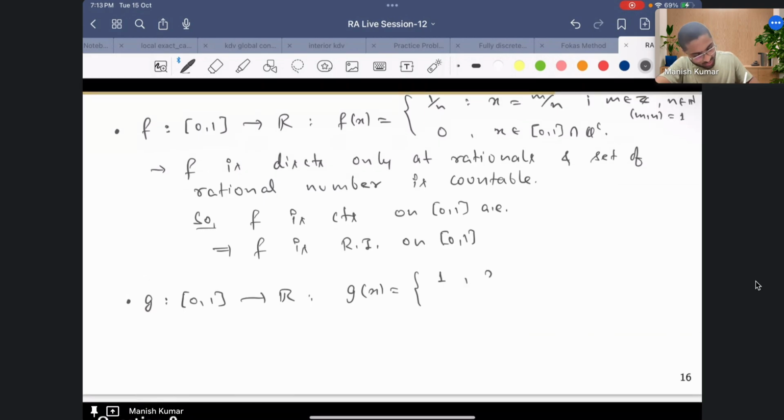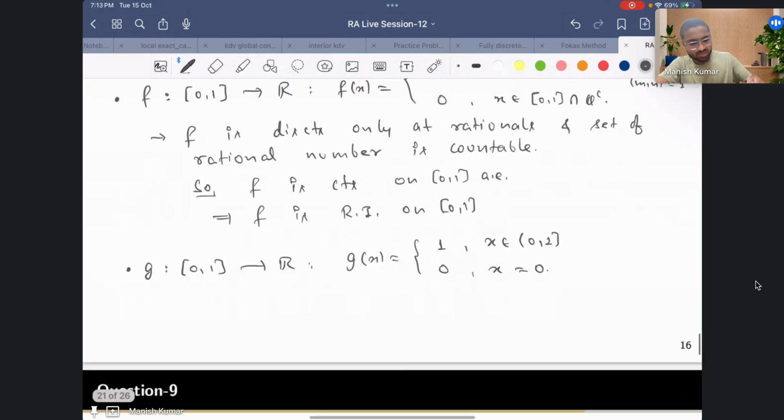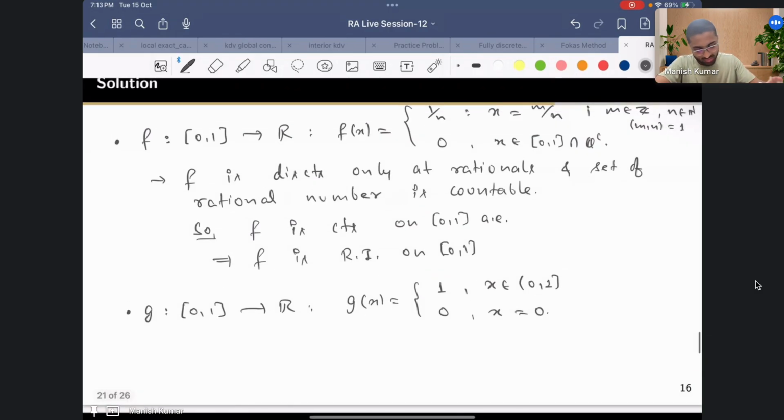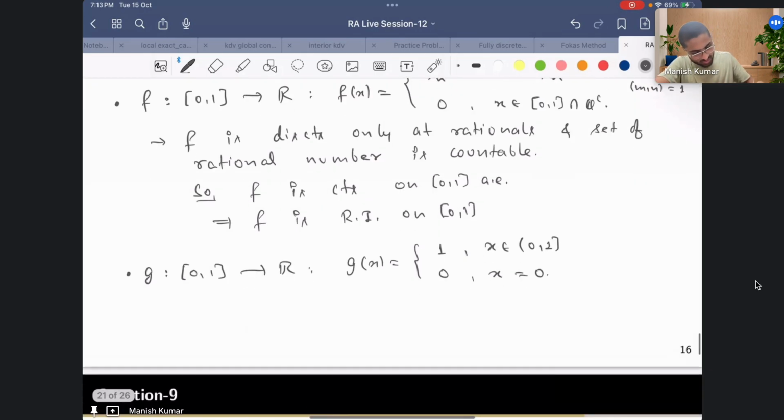So if x belongs to 0 comma 1, it will be 0 if x is equal to 0. This is a non-trivial function, but you can just try to remember it. It is just a constant function except at 1 point, so it is Riemann integrable.